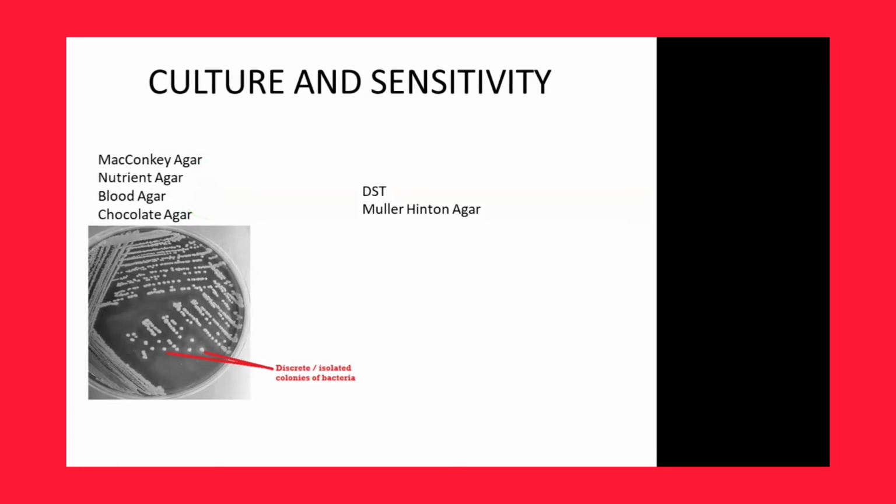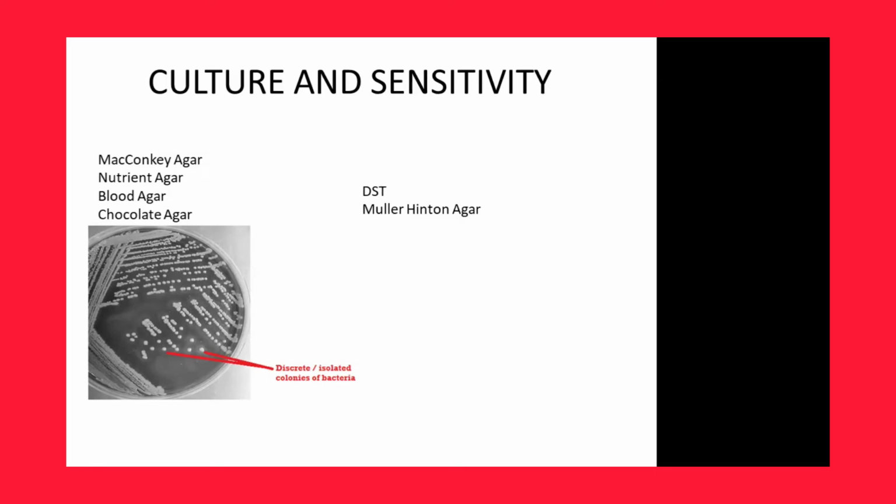That is more useful in a situation where you just want to use one plate. CLED is very useful because it will allow the gram-negative and gram-positive organisms to grow easily, unlike MacConkey agar that may inhibit the growth of some of these gram-positive organisms. When you use MacConkey agar, you combine it with probably blood agar or at times with chocolate agar. But with CLED, you may just use it alone.